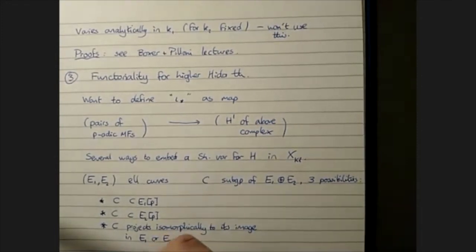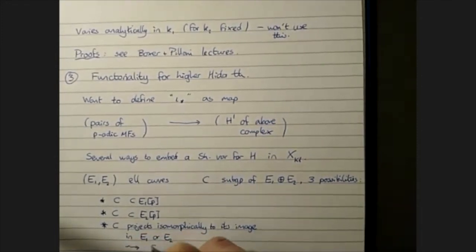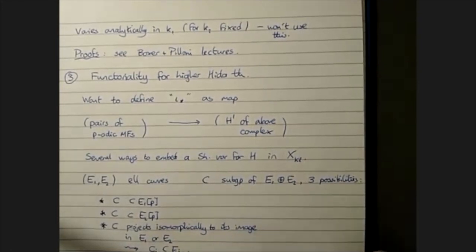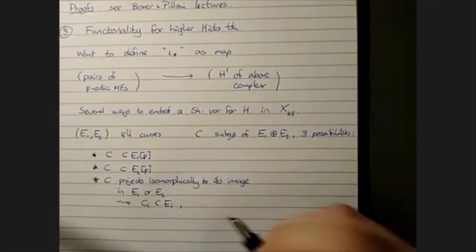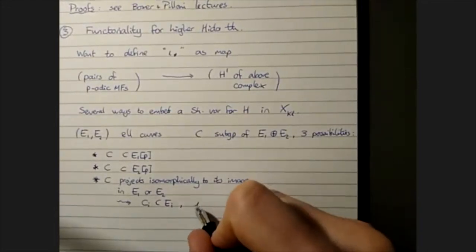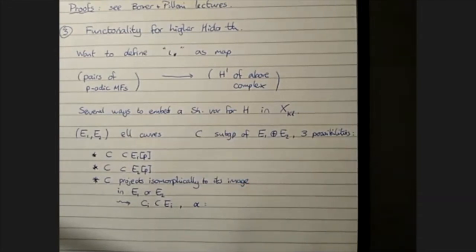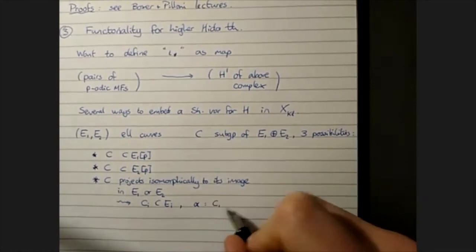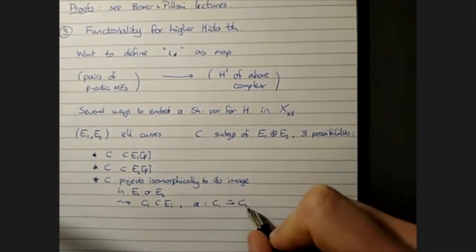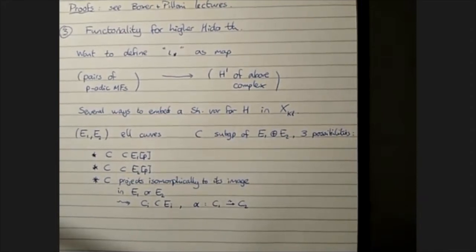And that means you get the subgroup Ci inside the Ei, but you get one tiny extra piece of information. Because these two things are the projections of a common subgroup inside the direct sum, you get an isomorphism between C1 and C2.